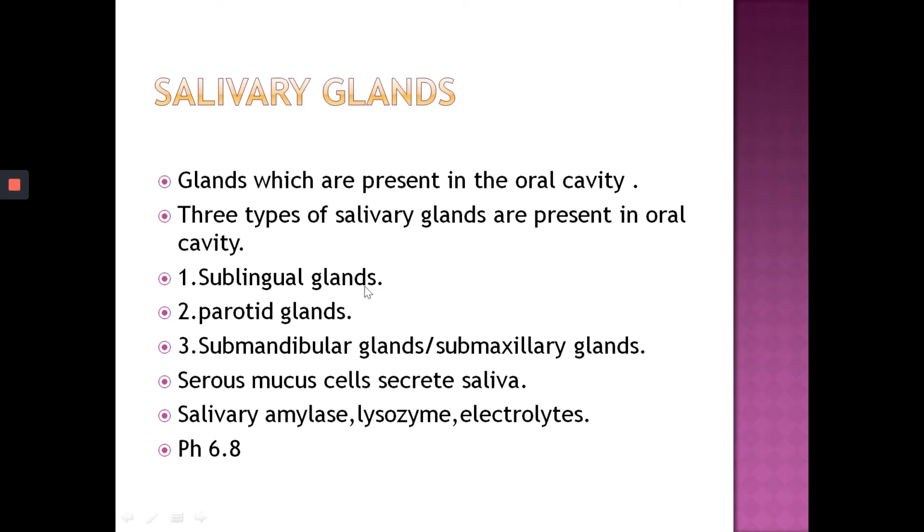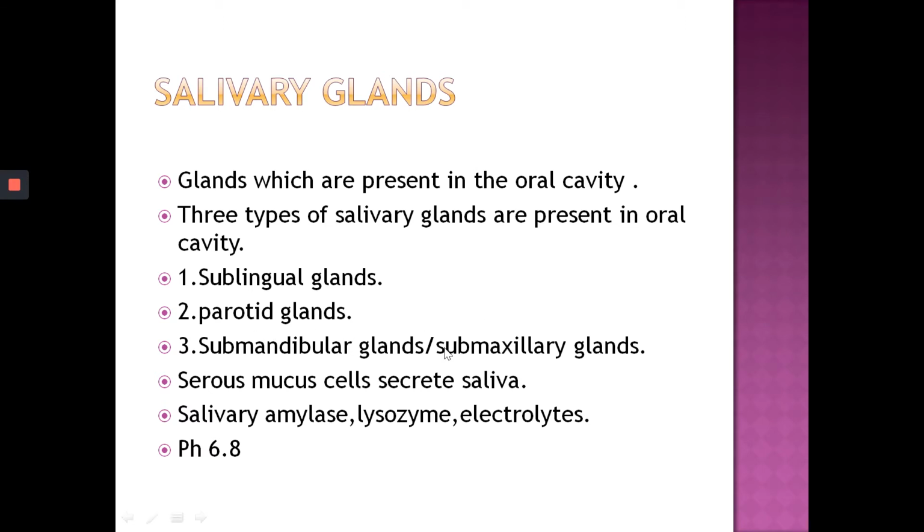Next, parotid glands. These are present below the ear pinna, a pair of glands. Next, the third pair is submandibular or submaxillary glands.